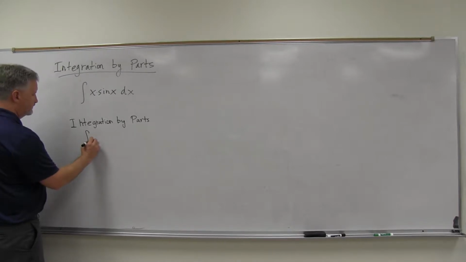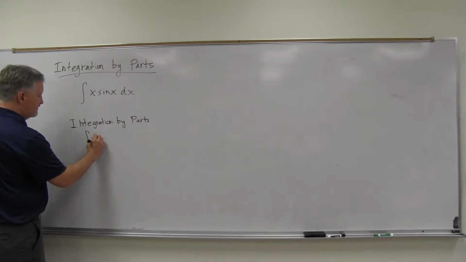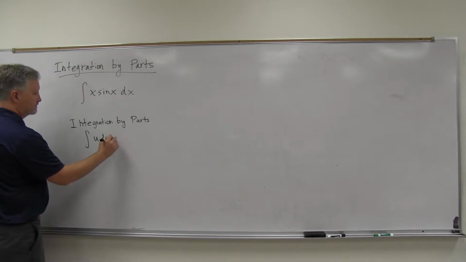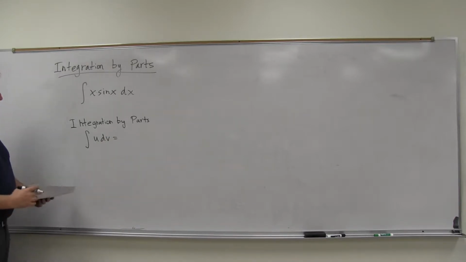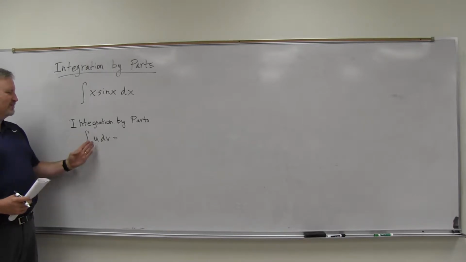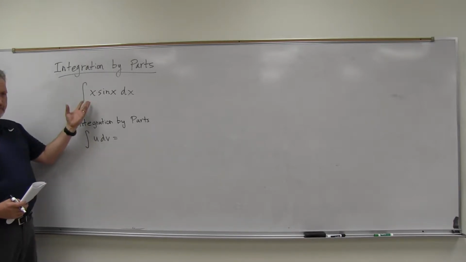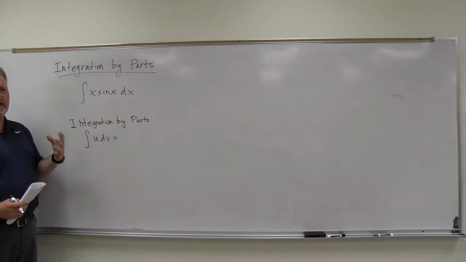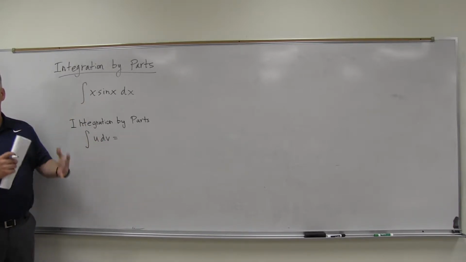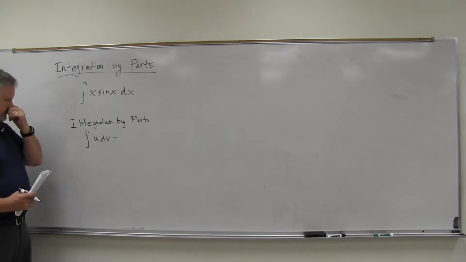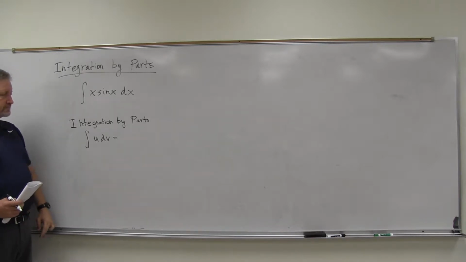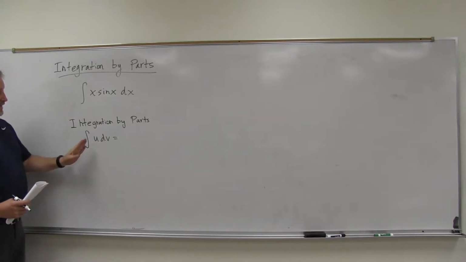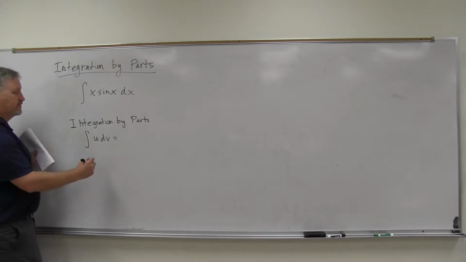If you've got the integral of u dv, I'll explain what that means. Basically you pick part of it to be u, and the rest of it is dv. It doesn't have to be just dx; dv could have an expression of x with it. But if you get those parts assigned, then here's what it works out to be.